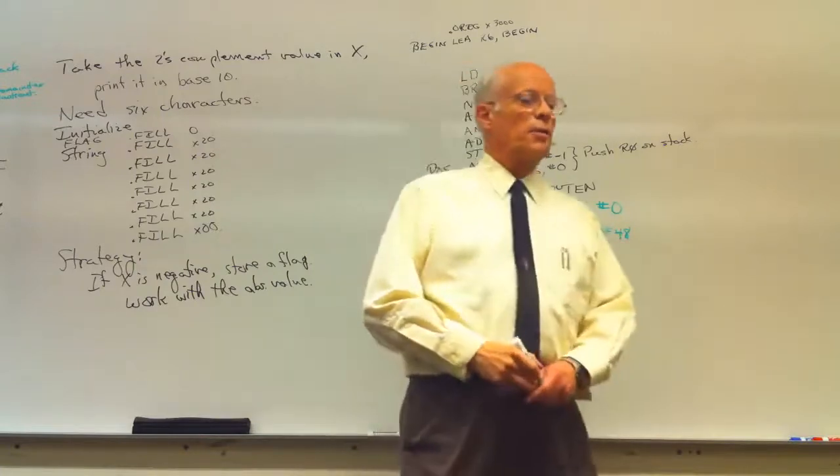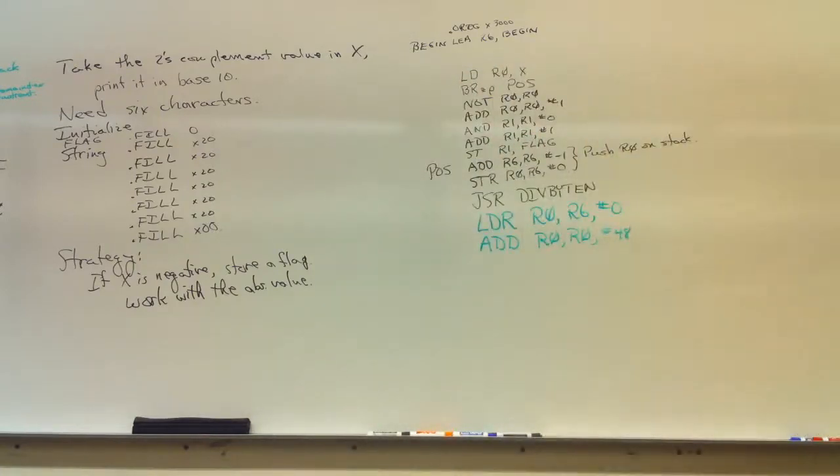I can't do that in immediate mode, can I? Yeah, it's too big. My immediate mode is only 5 digits, and that's going to be too big. So I store the label, load the label, and do that. Yeah, that's what I'm going to have to do.